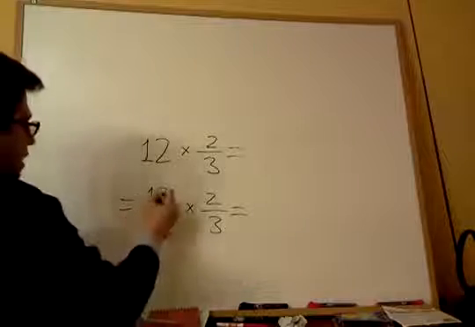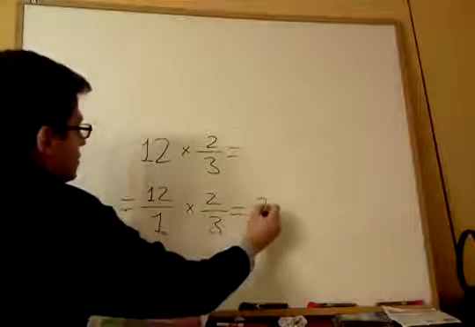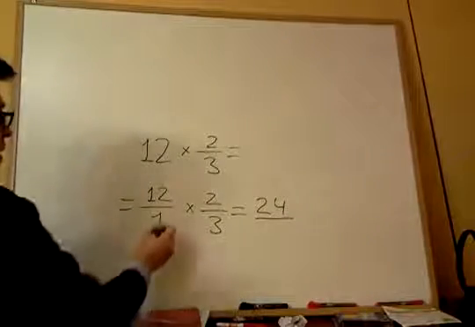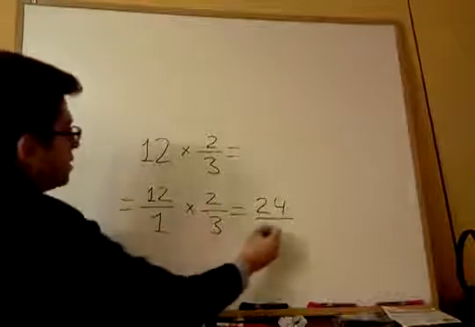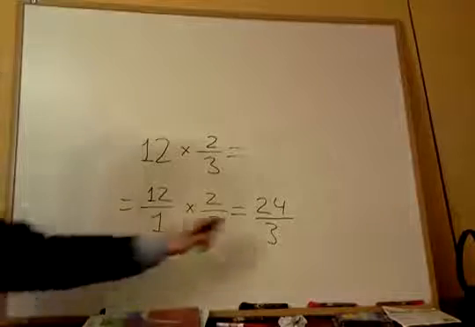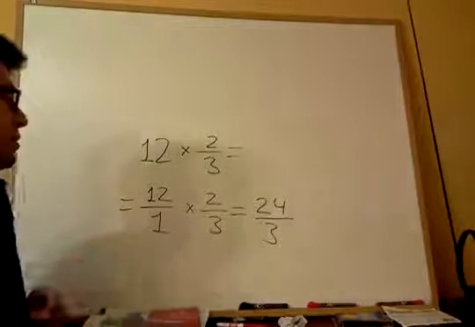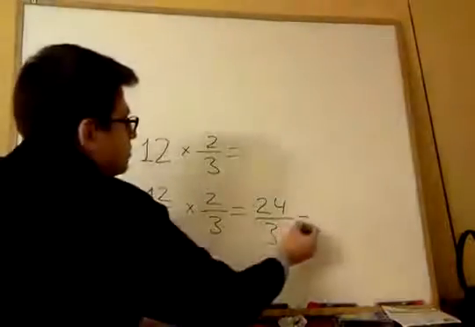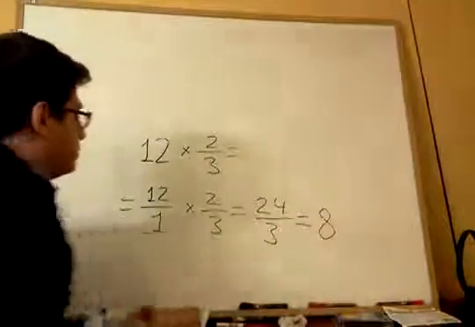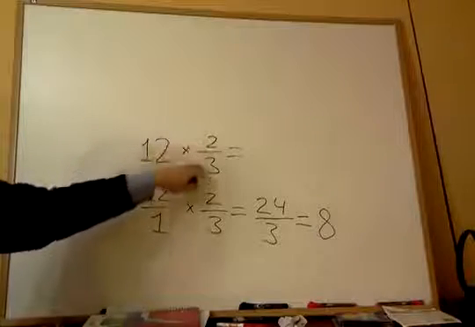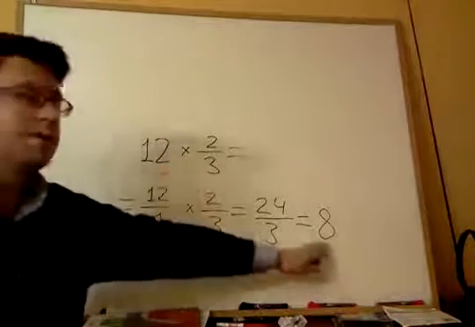Okay, 12 times 2 is 24. 1 times 3 is 3. Is 24 divisible by 3? Yes, it is. It's 8. So 12 times 2/3 equals 8.